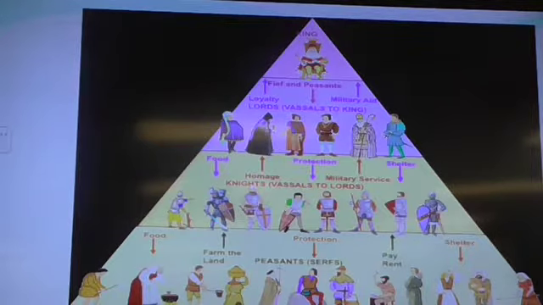And what the king gave the lords and barons was land. Lots of land. Okay? In exchange for that, the barons or lords gave him military, people for the military, since they had wars. And also gave him support.